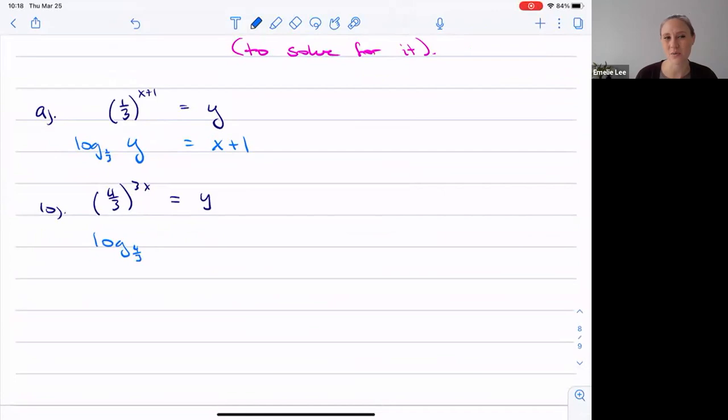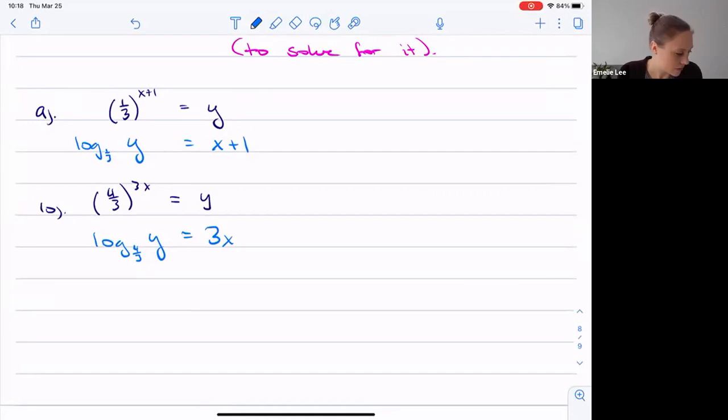We don't really use log bases that are fractions, but we can, I guess. So the log base 4 over 3 of y equals 3x. But here you would be able to solve for x, right? And so that's the goal of taking logs typically.